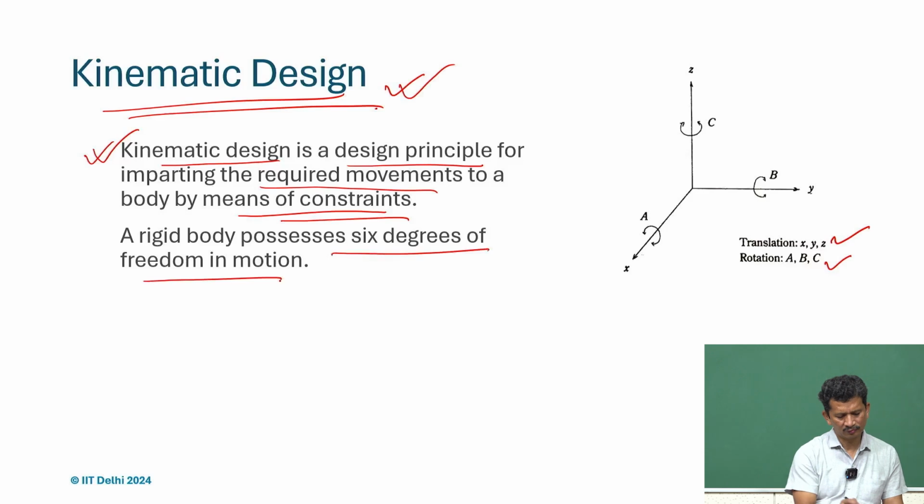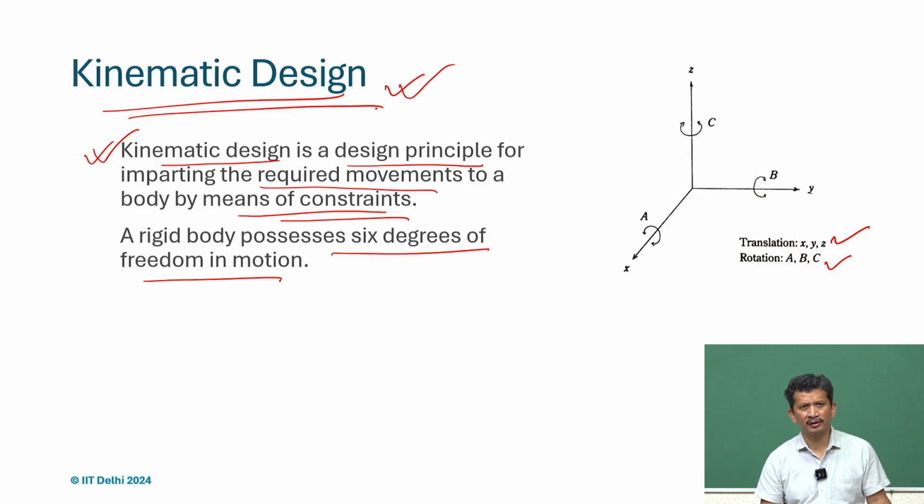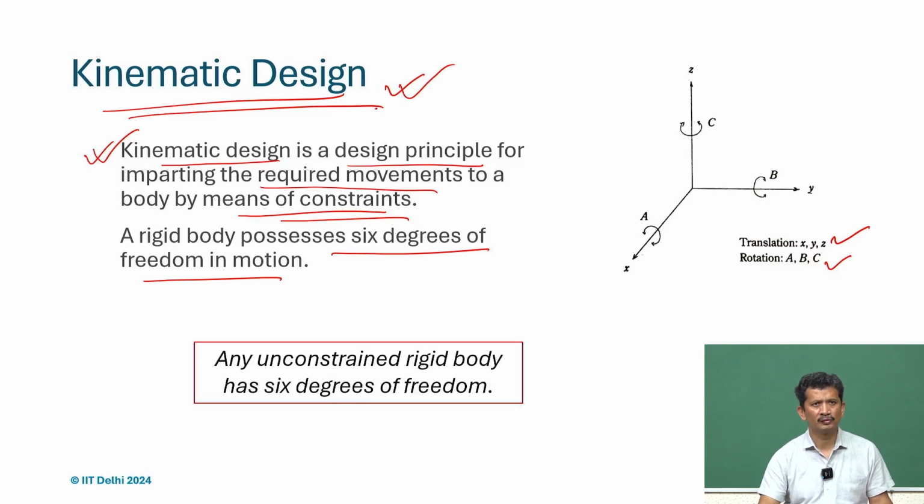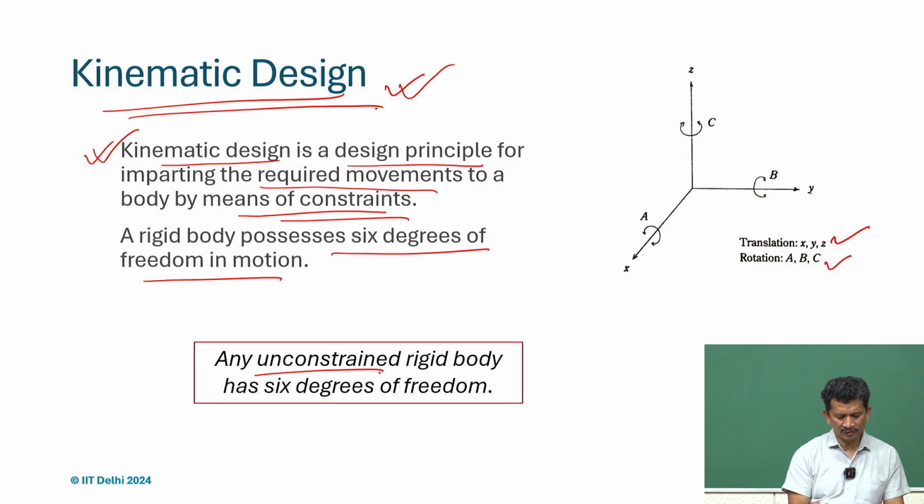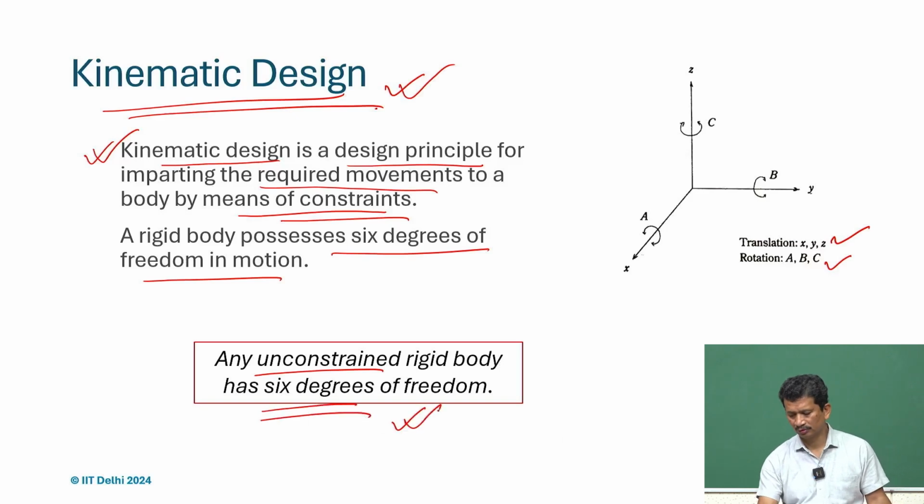Of course, any unconstrained rigid body in space has a total of 6 degrees of freedom. So, always keep that in mind.